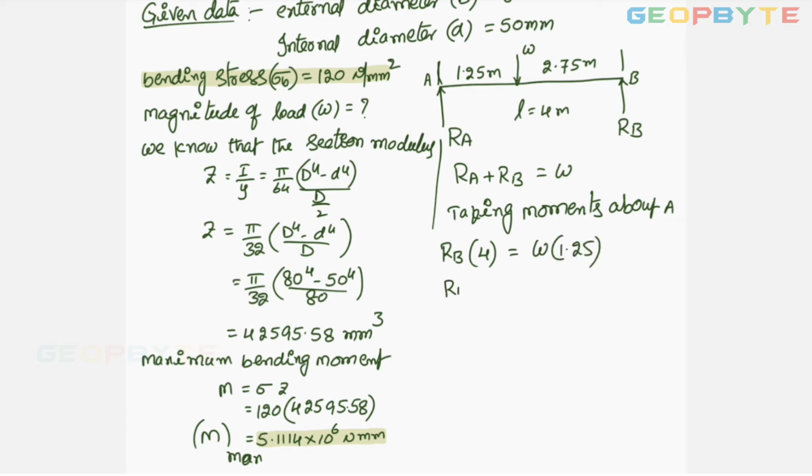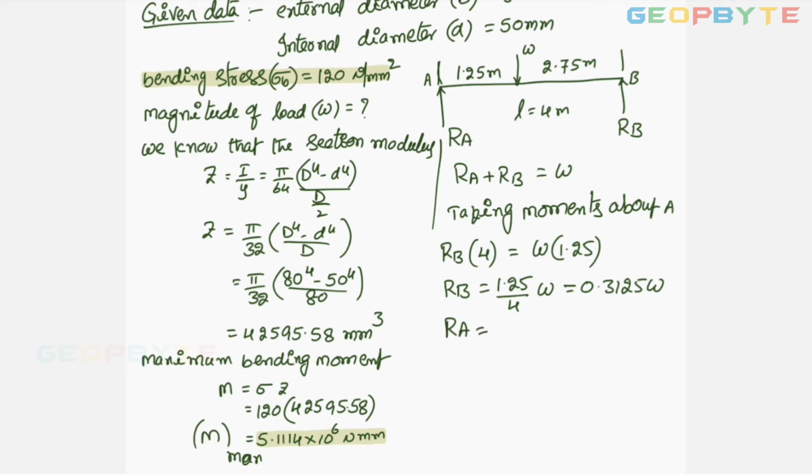From this, RB equals 1.25 by 4 into W. Simplify the value: 1.25 by 4 is 0.3125. So RB is 0.3125 W.